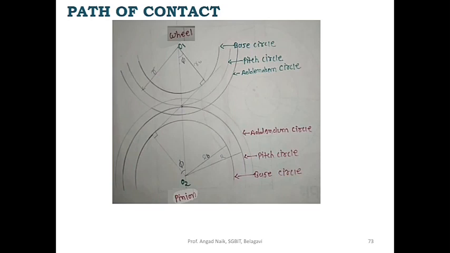Then take 3 centimeter in the compass and draw one more curve with centers O1 and O2. Name them the base circle of wheel and base circle of pinion. To draw the addendum circle, take O1 as the center and a radius slightly higher than the pitch circle, but this distance should not touch the base circle of the pinion.